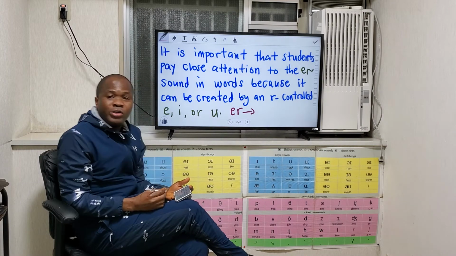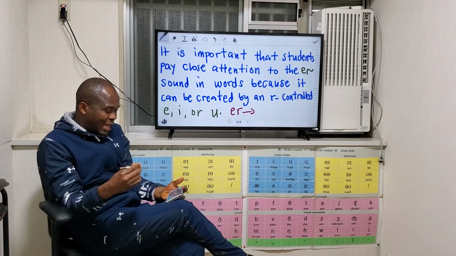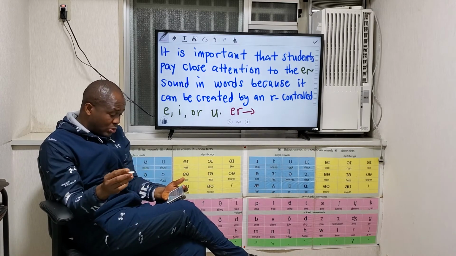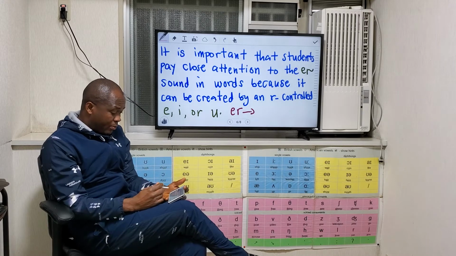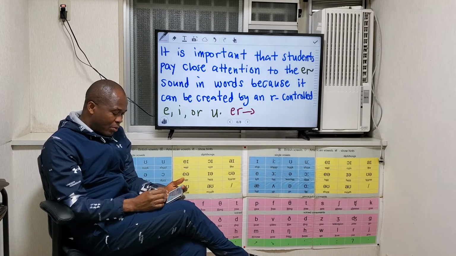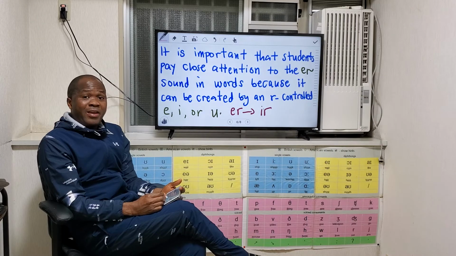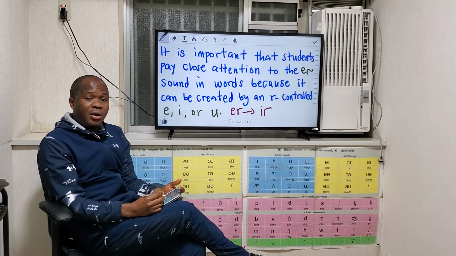Why? Because the ER is capable of creating other sounds, which includes E, I, or U. For example, if I put I before R, I'll get an air sound. Example, bird.